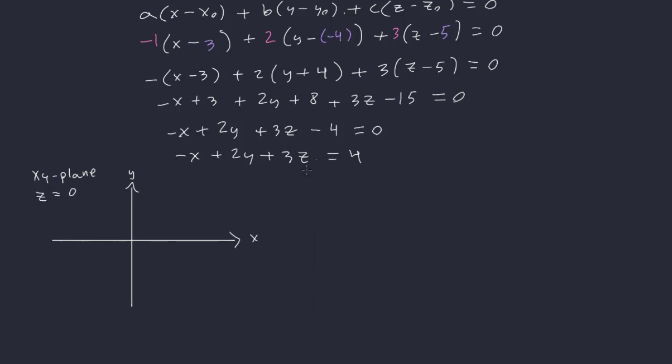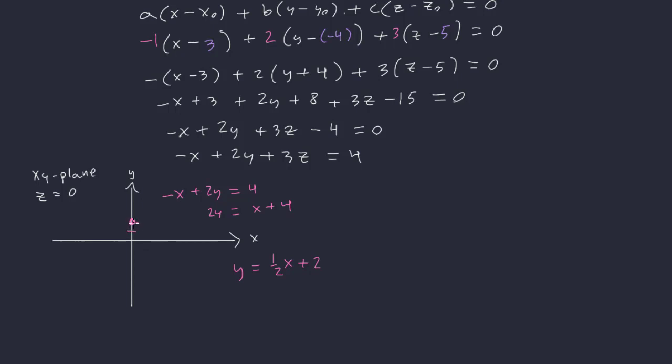So when z is equal to 0, this disappears, and we end up with negative x plus 2y equals 4. Okay, so we can move the x over, divide by 2, and we'll get y is equal to 1/2 x plus 2. This is a line. It has a slope of 1/2 and a y-intercept of 2.